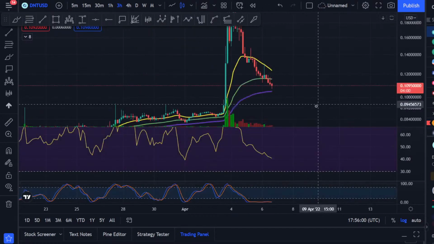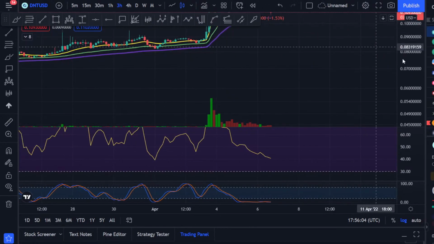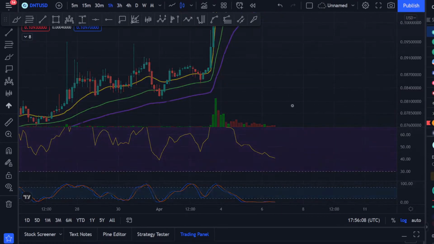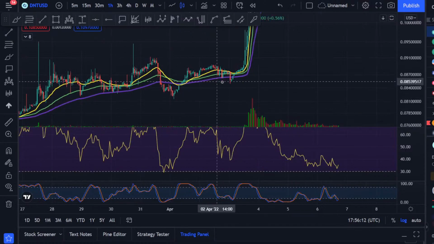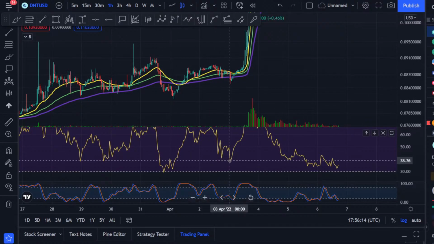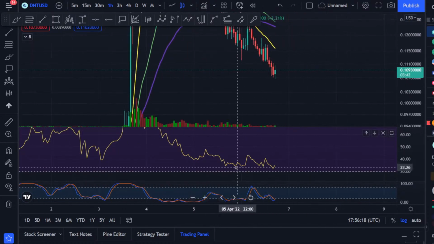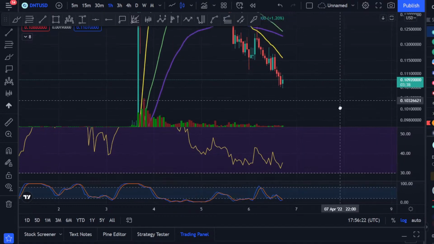Again, you're going to look for a bullish divergence. Let me show you exactly what kind of bullish divergence. Nope, not over here. You're going to look for a bullish divergence. It's not happening here, but you can see what's going on.